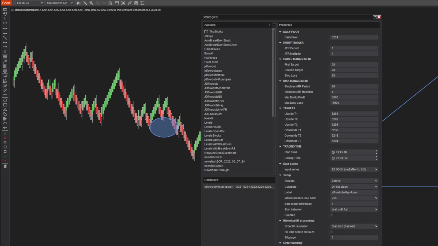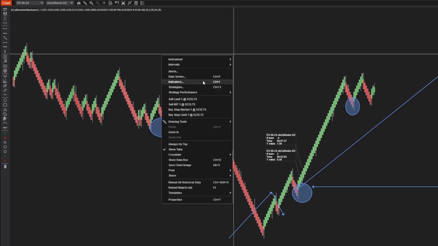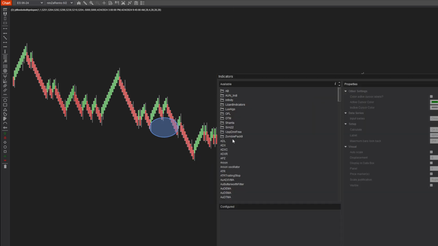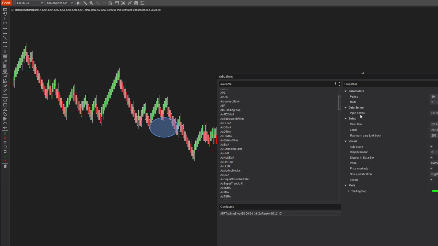Let's take a look at how that will look. We're going to add the indicator, because that level, the super trend 28.4, I don't normally plot. So we're going to add an indicator manually that will tell us where the line will be. I'm going to look for the same indicator that the strategy uses, and I told you that was a 28.4.